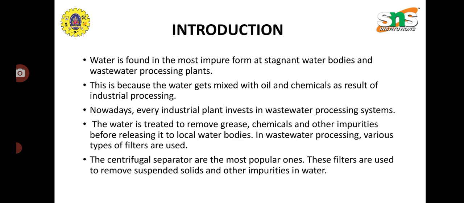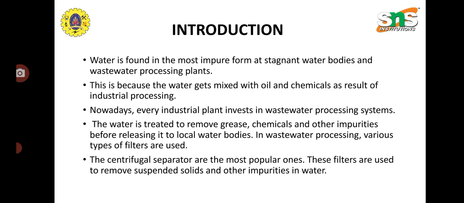And also the water gets mixed with oil and chemicals, as in the case of industrial processing, that is, in any industry we are using water as a major source. In that also the water gets polluted by means of oils and chemicals.